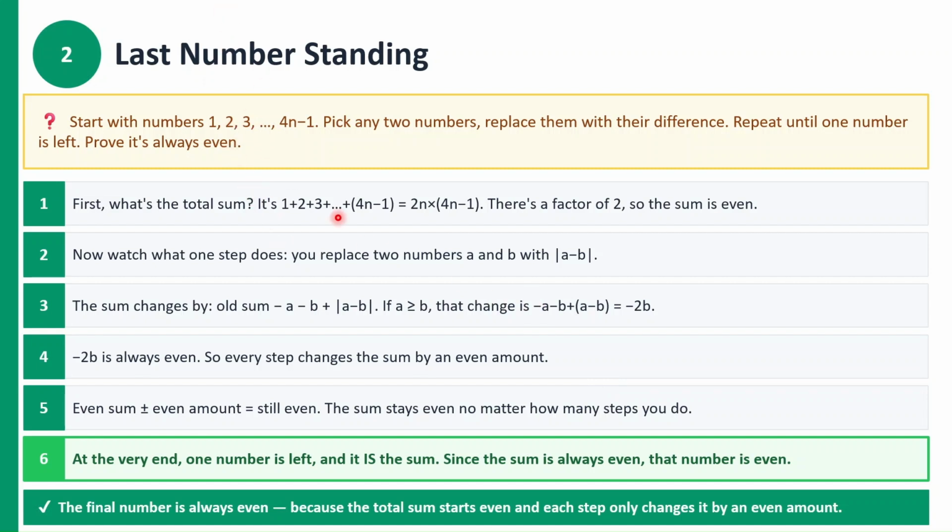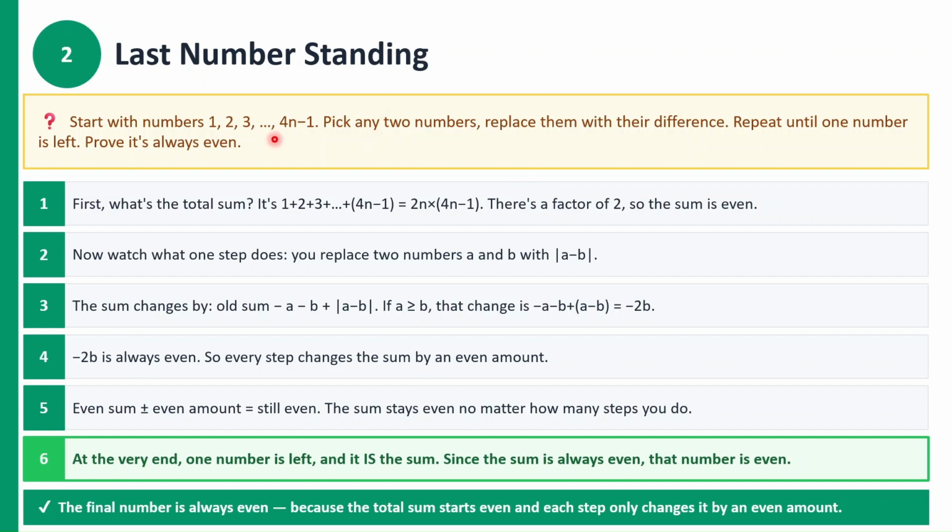So the sum of the first n numbers is n into n plus 1 by 2. So here it is 4n minus 1 into 4n minus 1 plus 1 by 2. So minus 1 plus 1 cancels, so 4n minus 1 into 4n by 2 is equal to 4n minus 1 into 2n, which is always even.